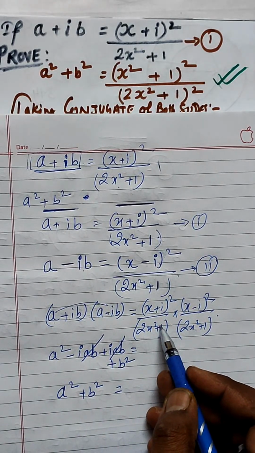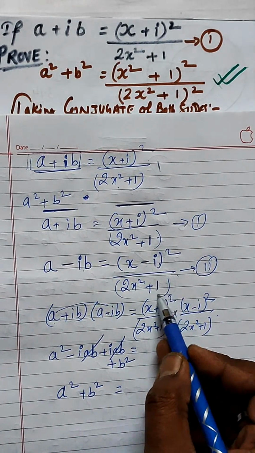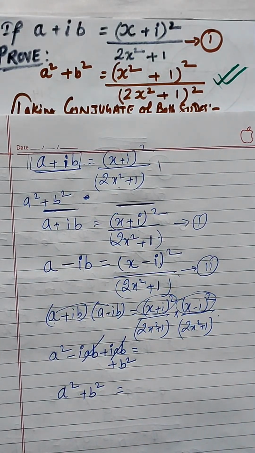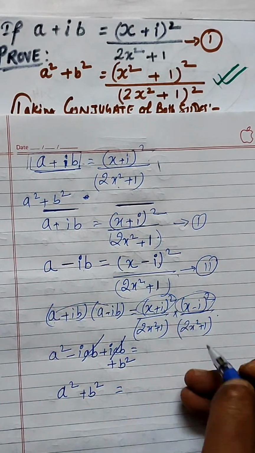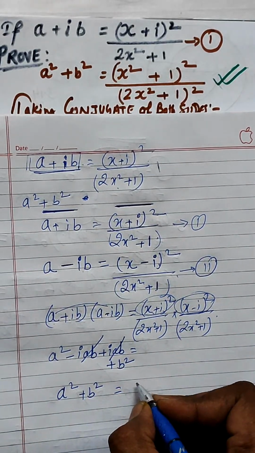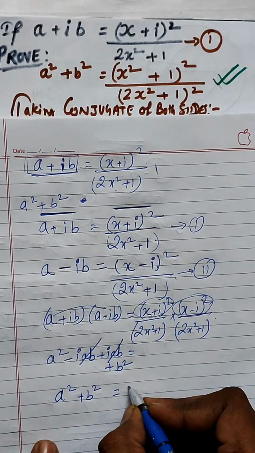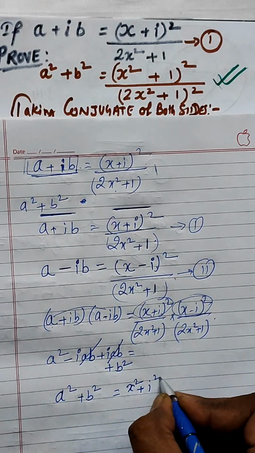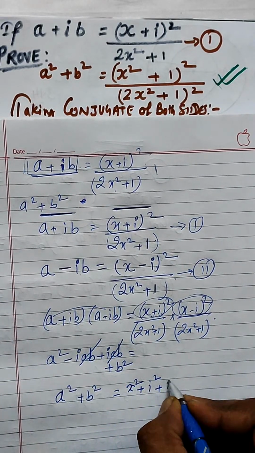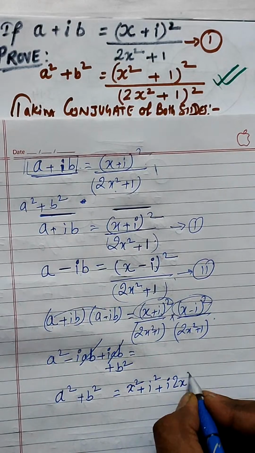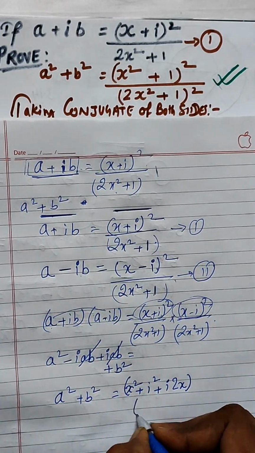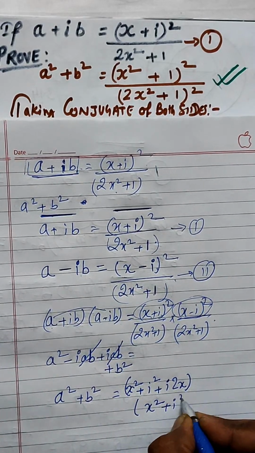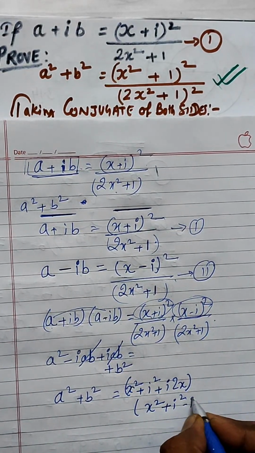Similarly, on the RHS, multiply (x plus i) whole square and (x minus i) whole square. x plus i whole square comes as x square plus i square plus i times 2x, multiplied with x square plus i square minus i times 2x.